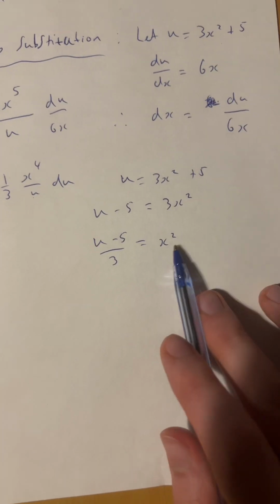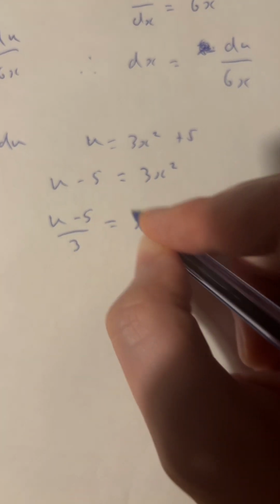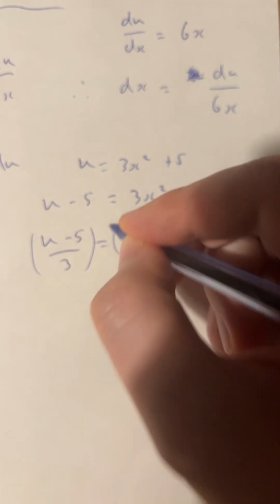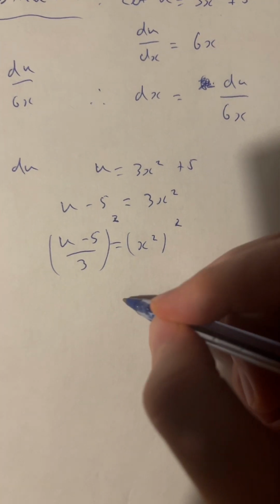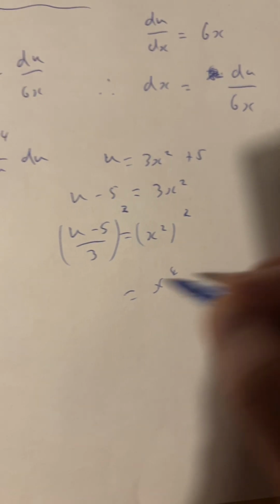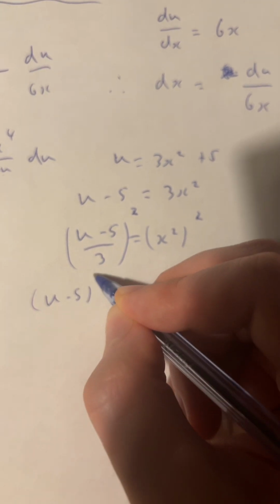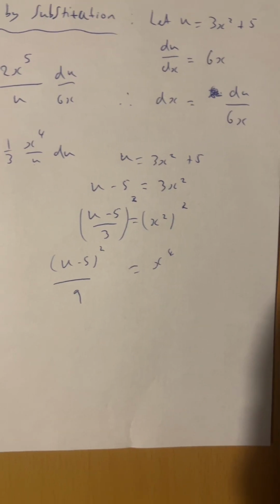How do you go from x squared to x to the power 4? Well, you square both sides. So if we do that, we end up with x to the power 4 here, and then u minus 5 to the power of 2, divided by 3 squared, which is 9. So we end up with something like that.